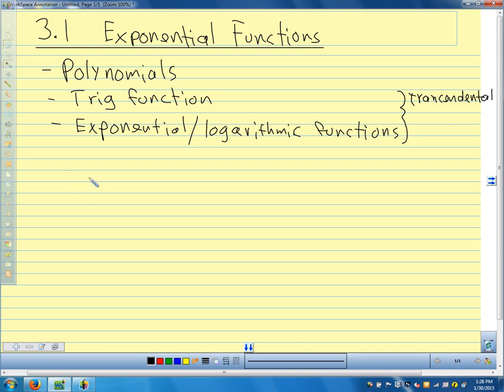Anyway, for today, we're going to talk about exponential functions. An exponential function looks like this: f of x equals a to the x. We want a greater than 0, and we also want a not equal to 1. What would happen if a was 1 for this kind of function? What's 1 to the x?